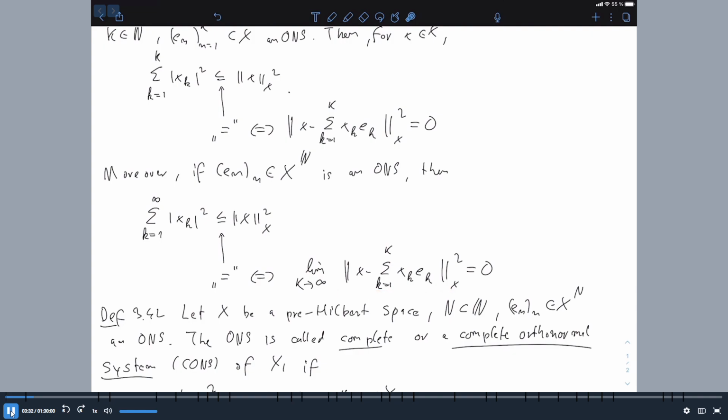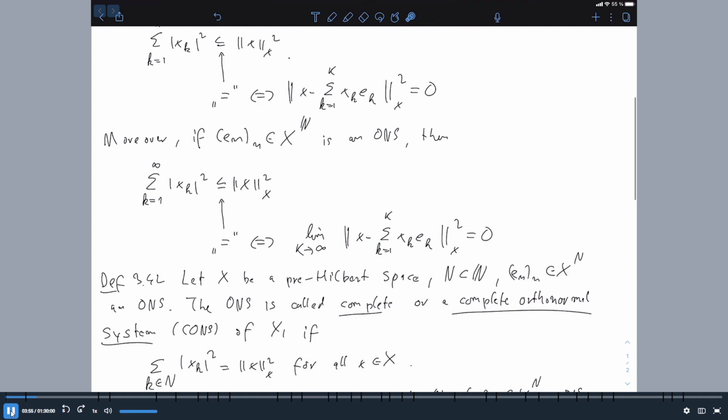It's just that we have to look at this approximation error in a slightly different manner, because we are summing infinitely many elements in an arbitrary Hilbert space. For this we look at the limit of this difference and not at the limit of this function directly.